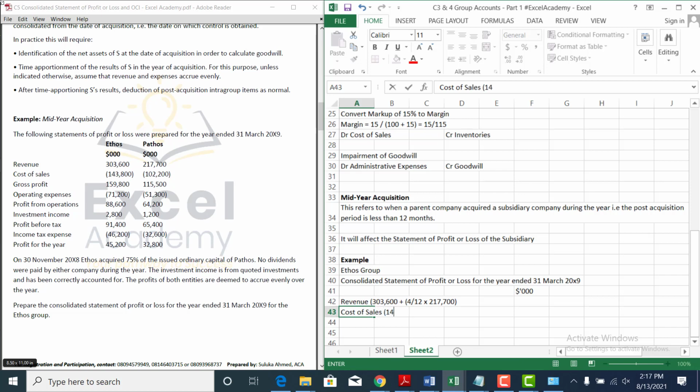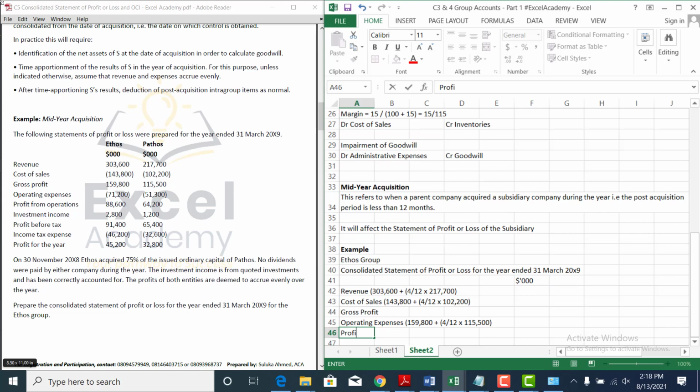Cost of sales, that's 143,800 plus 4 over 12 of 102,200, right? Then we have our gross profit. Then operating expenses: 159,800 plus 4 over 12 of 115,500.